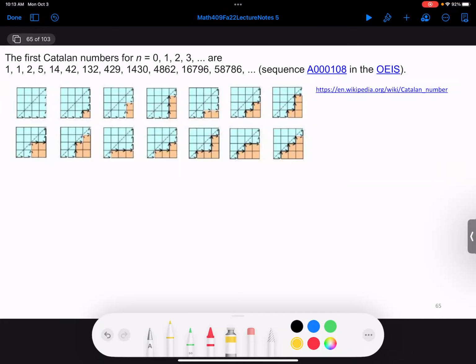We know you have to start at 0,0, but is it possible to get from 0,0 to NN without ever being on the main diagonal other than 0,0? You have to end at NN, so you have to end on the main diagonal. So there will always be a point on the main diagonal beyond 0,0 where we hit. And so we can say, let's look at the first hit.